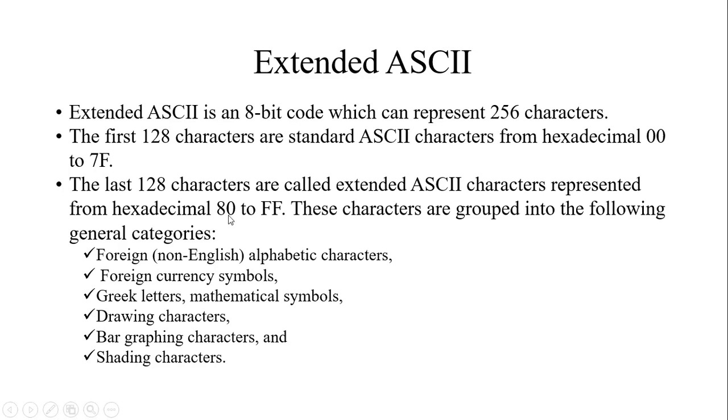These are hexadecimal numbers. These characters are grouped into the following general categories: foreign non-English alphabetic characters, foreign currency symbols, Greek letters, mathematical symbols such as plus and minus, drawing characters, bar graphing characters and shading characters. So the extended ASCII characters are categorized in these categories.